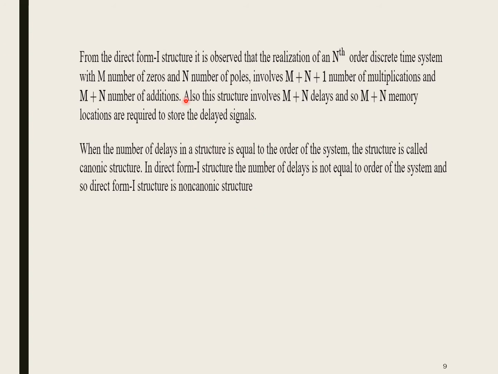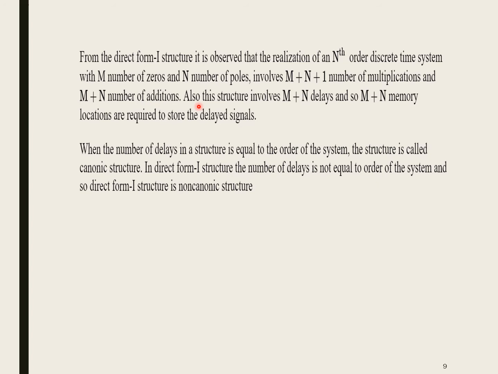From the direct form 1 structure, it is observed that the realization of the nth order discrete time system with m number of zeros and n number of poles involves m plus n plus 1 number of multiplications and m plus n number of additions. So, these are the computations that happen.